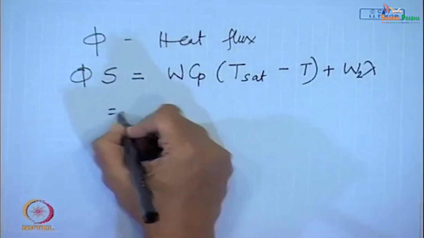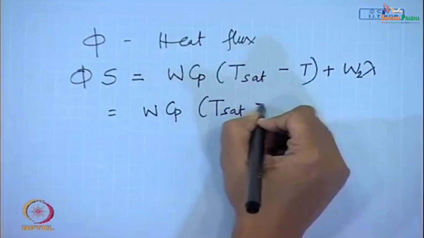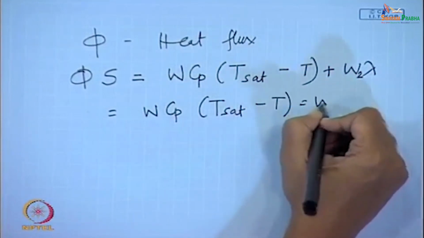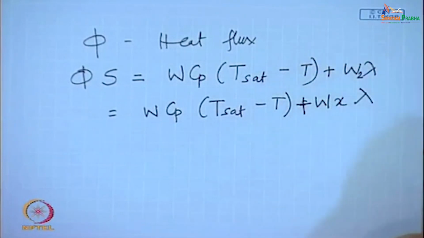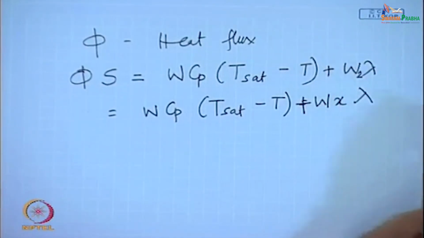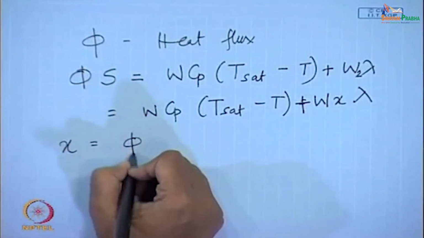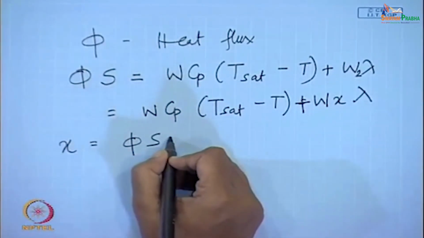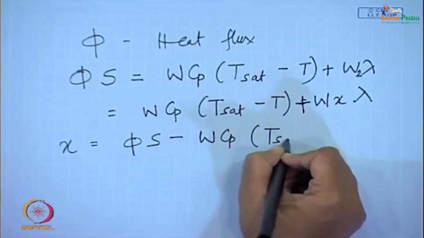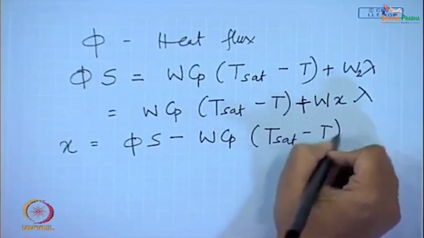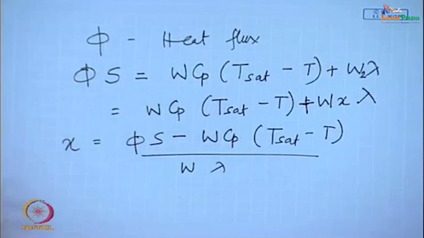Or in other words, this can be written down as W Cp (T saturated minus T) plus W x into lambda, yes or no? So, from there we can find out x, this is nothing but equal to, do it and tell me, phi s minus W Cp, is it not?